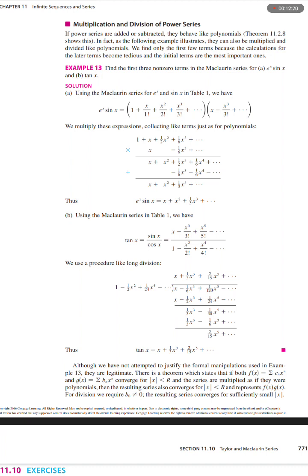And what goes into there? 1 over 3 x to the 3rd power.